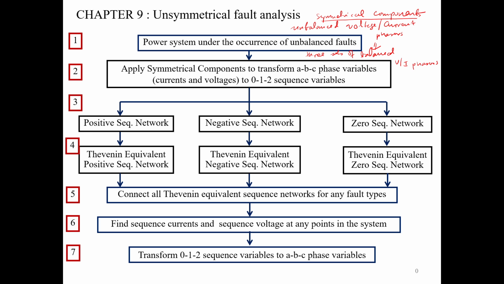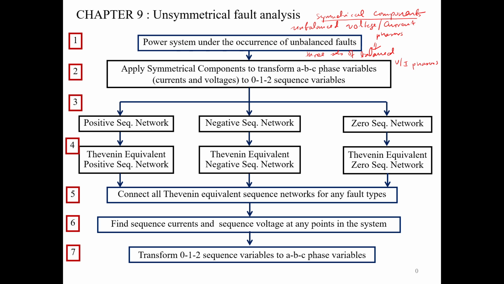We're going to see how to analyze the unsymmetrical types of fault, which result in unbalanced voltage and current phasors. This kind of unsymmetrical fault mostly happens in power system, from the statistics. Symmetrical fault is the most severe short circuit, but it rarely happens.